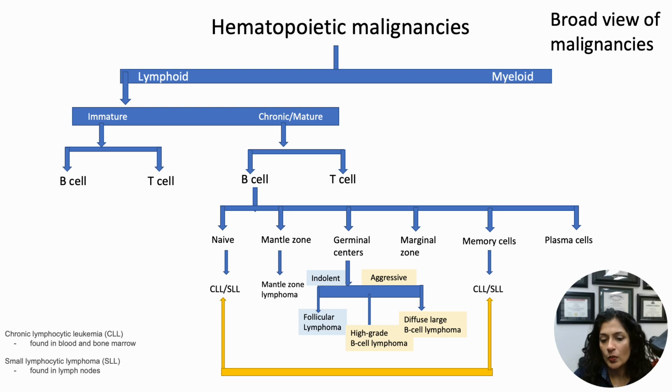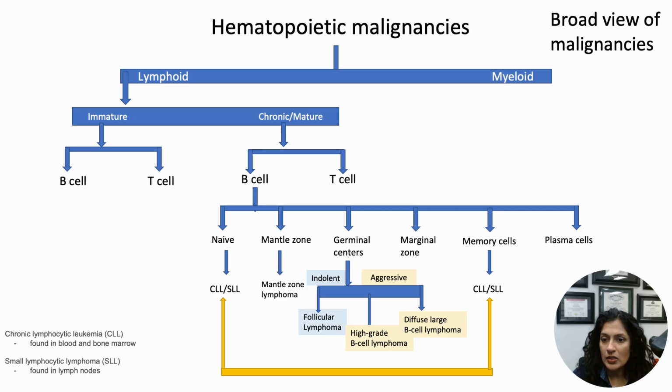This chart helps visualize the classification of B-cell lymphomas. This side is for myeloid malignancies, and we're not really dealing with that right now. On the lymphoid side, B-cell malignancies are under the chronic or mature lymphoid malignancies, and MALT lymphomas are within the marginal zone.